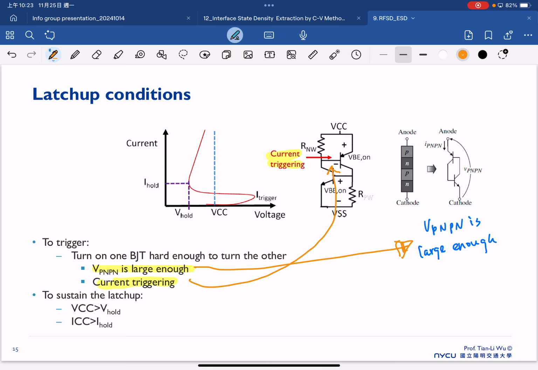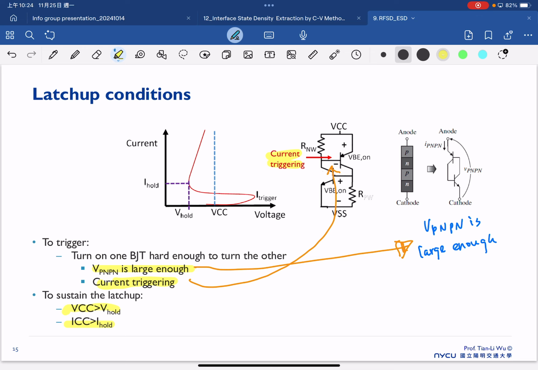So it must satisfy these two conditions. That means if we want to sustain the latch-up, making sure the latch-up is always continuously happening, then VCC should be larger than V hold, and ICC should be larger than I hold.